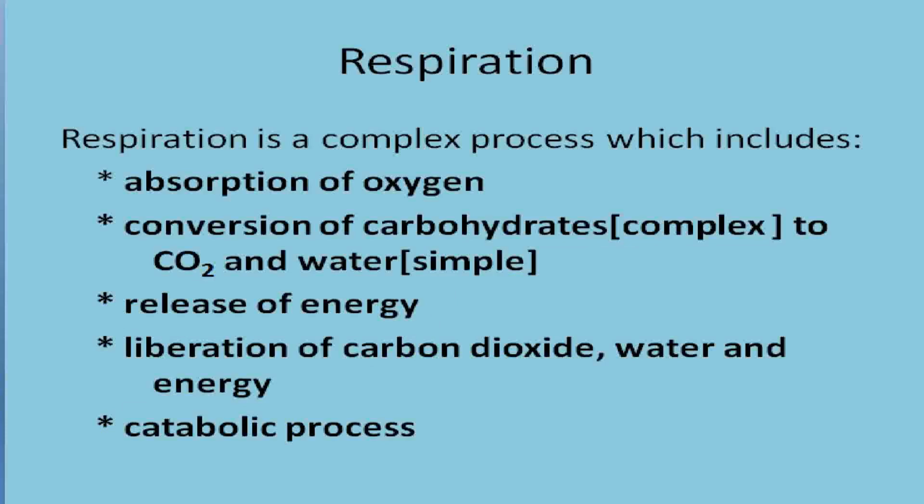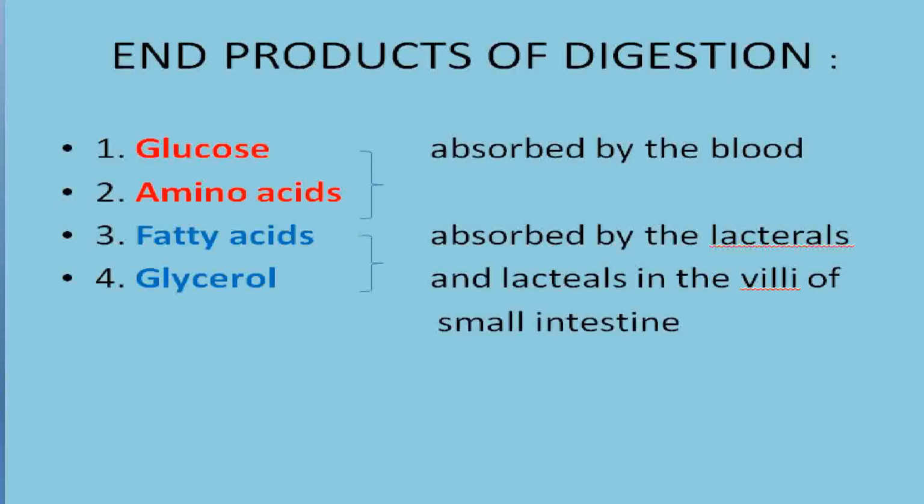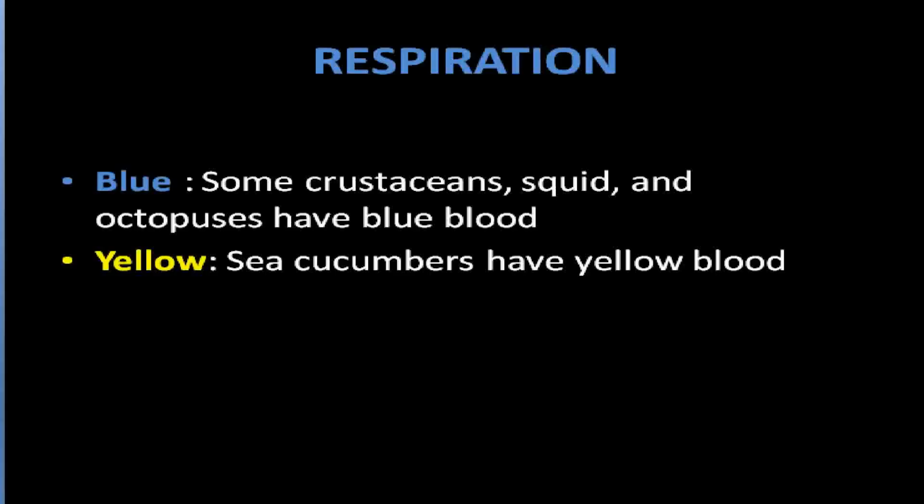Next, the end products of digestion are glucose, amino acids, fatty acids and glycerol. Glucose and amino acids are absorbed by the blood. Fatty acids and glycerol are absorbed by the lacteals present in the villi of the small intestine.